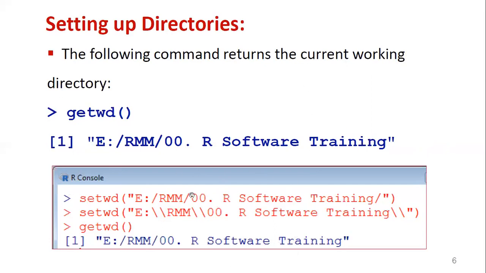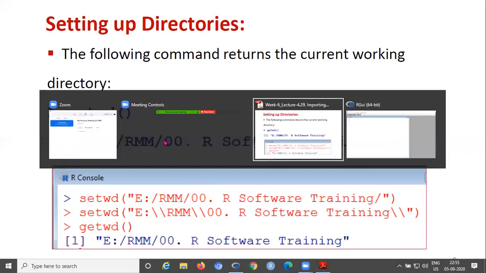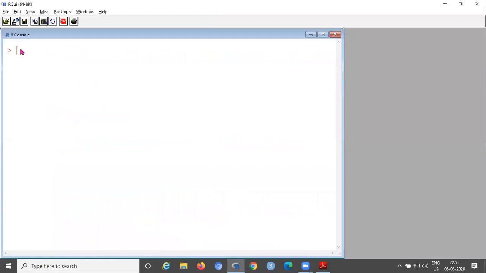Initially, wherever you are working, after opening R software, whenever you start R, first you can type getwd.